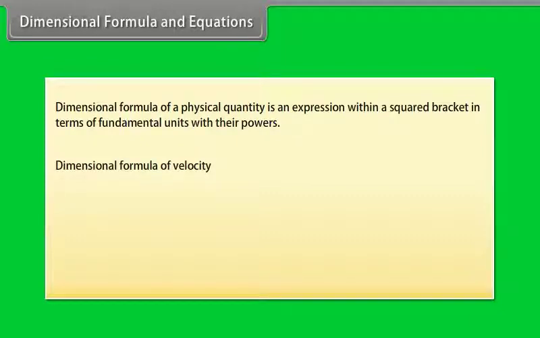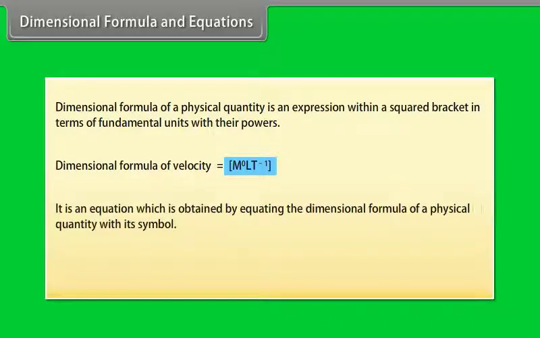Dimensional formula of velocity = [M^0 L T^-1]. A dimensional equation is obtained by equating the dimensional formula of a physical quantity with its symbol. Let us take an example. Dimensional equation of velocity is V = [M^0 L T^-1].